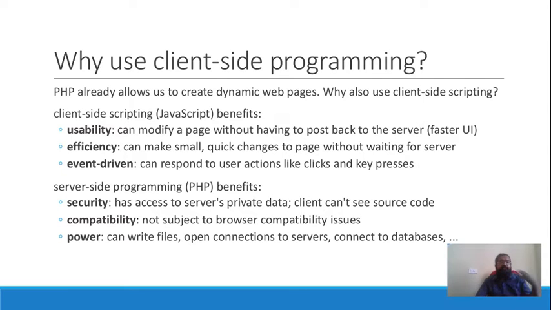Whenever I have used the mouse and clicked on a button, that's an event that has happened, and the JavaScript responds instead of sending this button click to the server. So it's usable, efficient, and event driven.